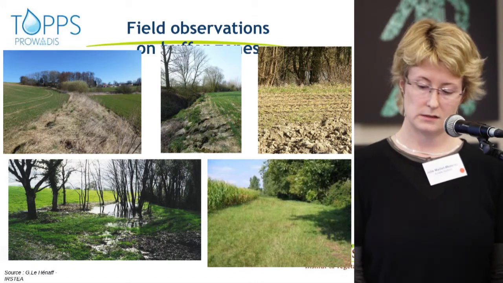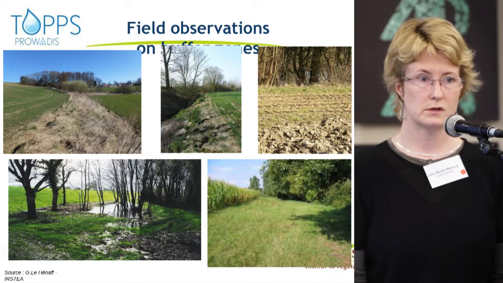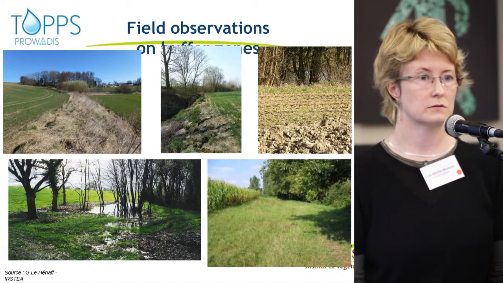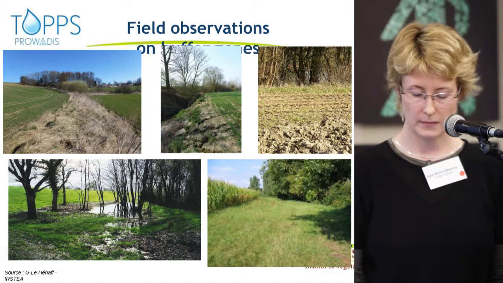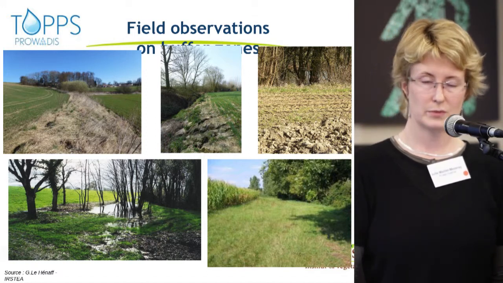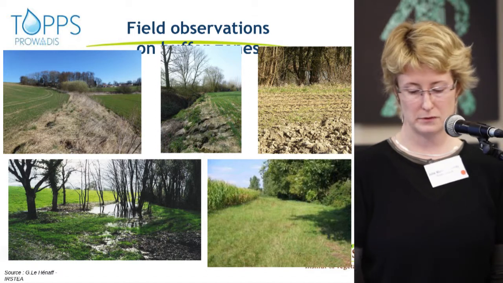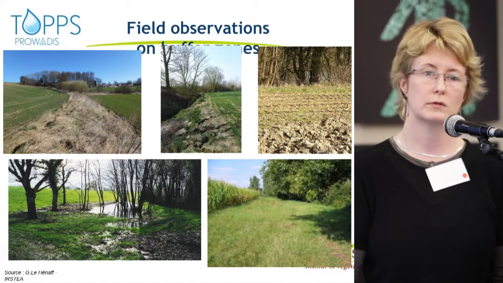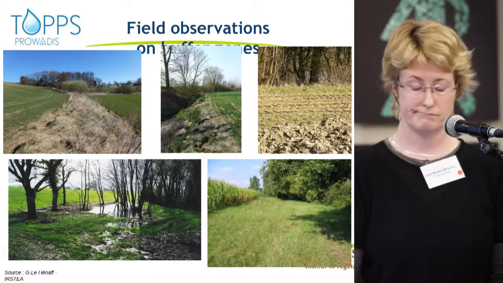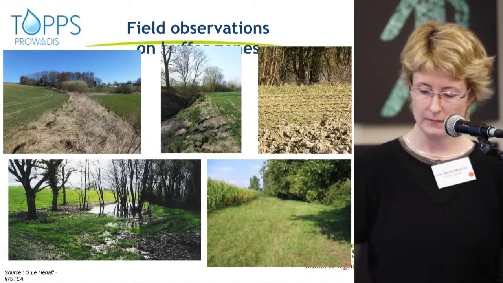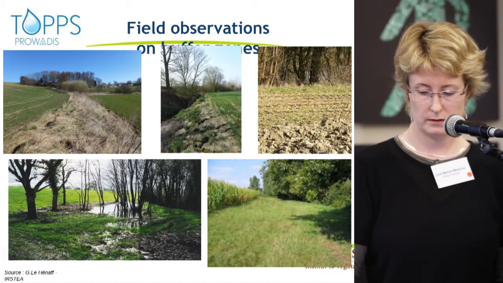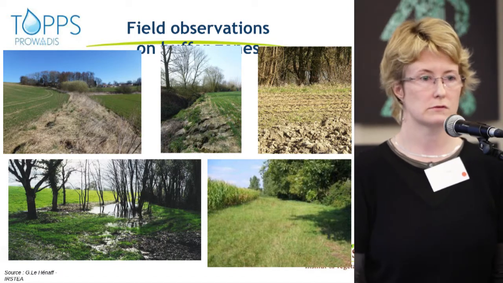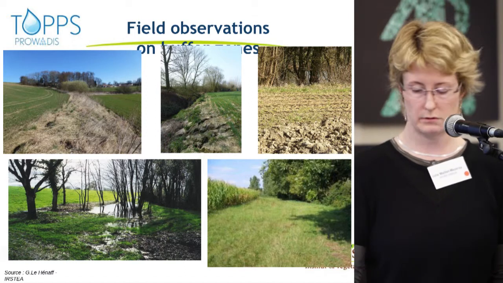On the right side, it's a buffer zone used as a pathway, so very compacted and probably not very efficient anymore. At the bottom, you have a saturated buffer zone that we can maybe consider as a wetland. And finally, on the bottom right, the main kind of buffer zone you can find, a grass strip along the river.